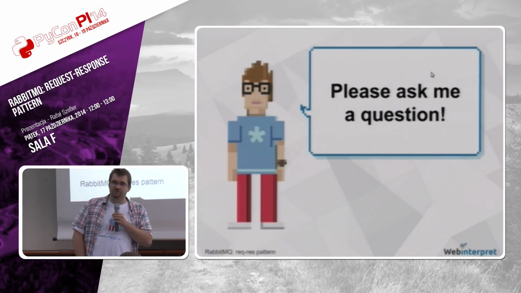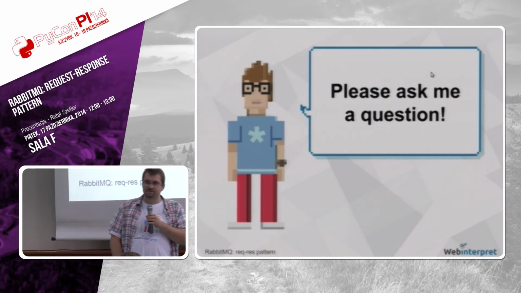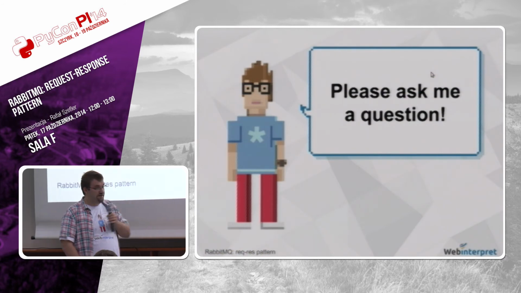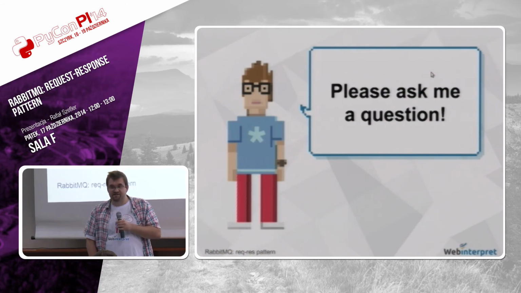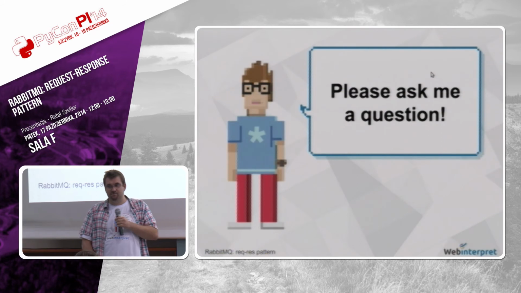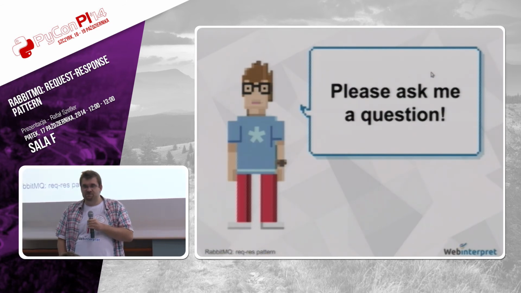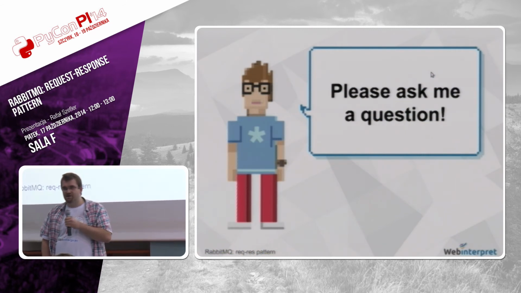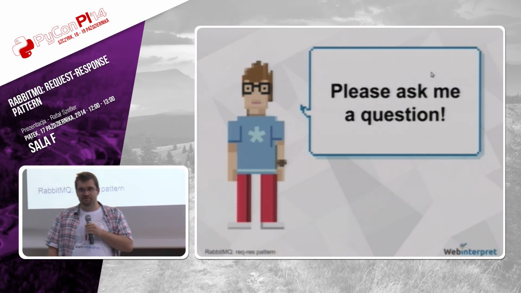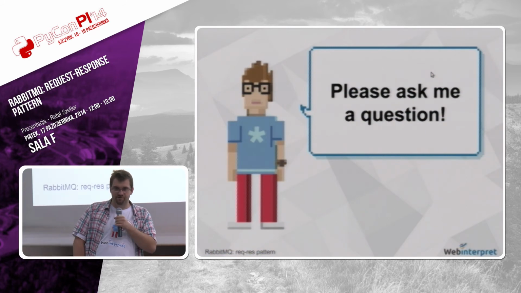Most of the time, you have to look at it manually, for example, at the admin interface, and just see that some queues, the numbers are rising, nothing's going down, so something's wrong. There's lots of manual tracking at the moment, at least what we do at Web Interpret. Thanks.